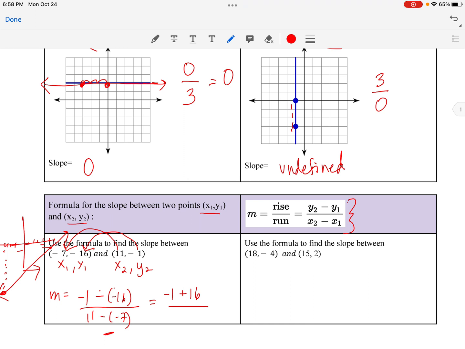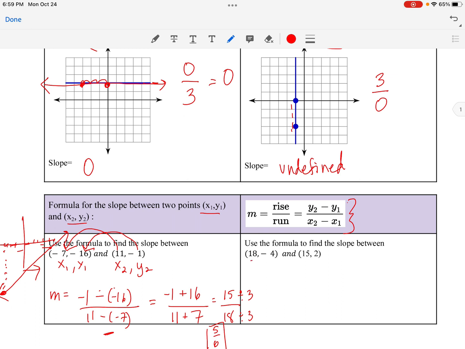We also have minus a negative number here, so the bottom is going to become 11 plus 7. So here that's 15 over 18, and that can be simplified. They're both divisible by 3. So that becomes a slope of 5/6.